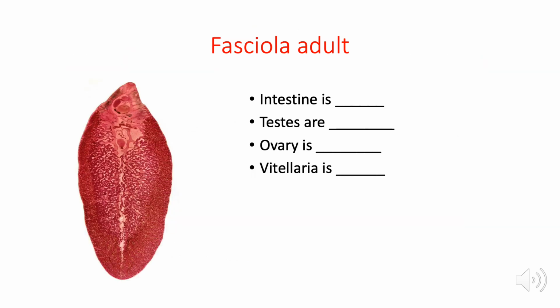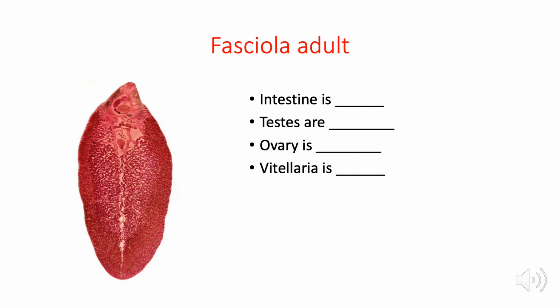So let's try to review the descriptions of the following parts of the fasciola worm. Intestine is branch, while most of the trematodes have simple or unbranched intestine. Testes are paired and they are branched or dendritic.